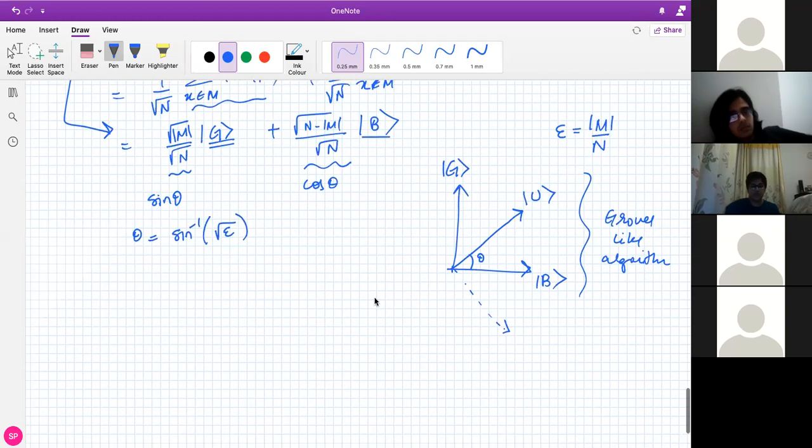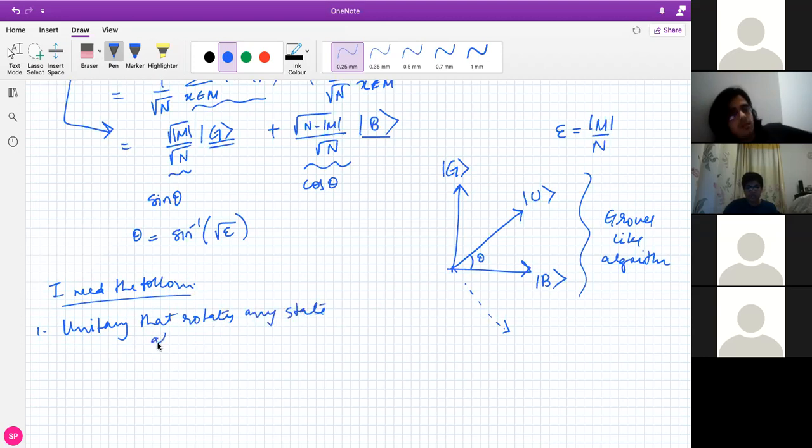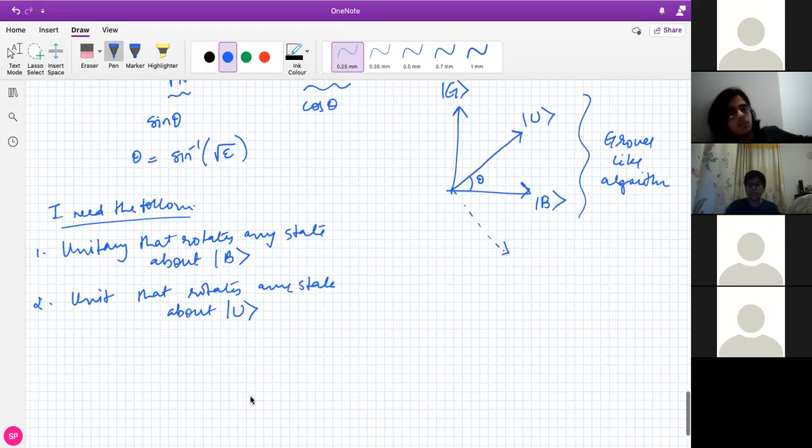So now what do we do? We do the following, and look at this. I need these ingredients. I need the following: a unitary that rotates any state about this vector B, and a unitary that rotates any state, and I mean any state in this plane, okay, about this uniform distribution U. Then what do we get?